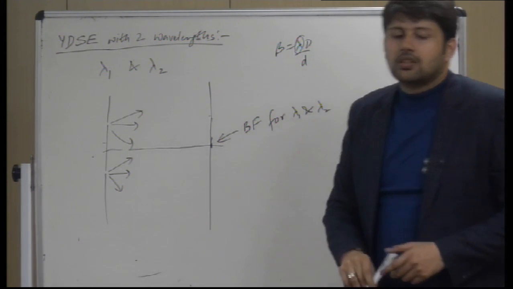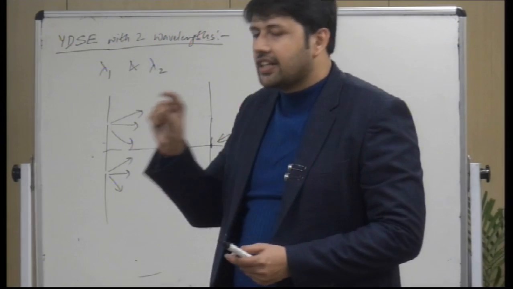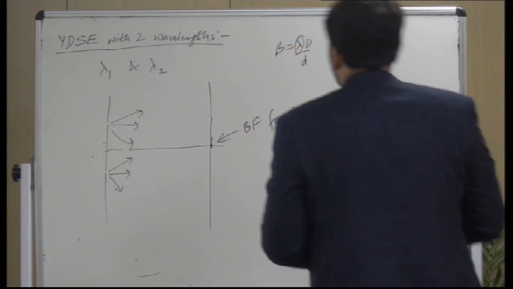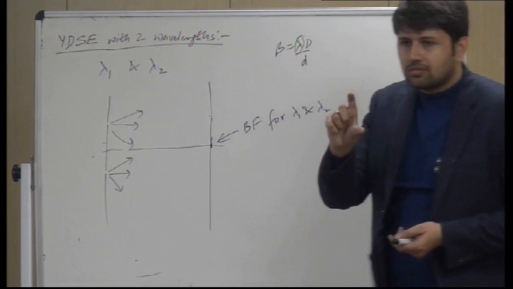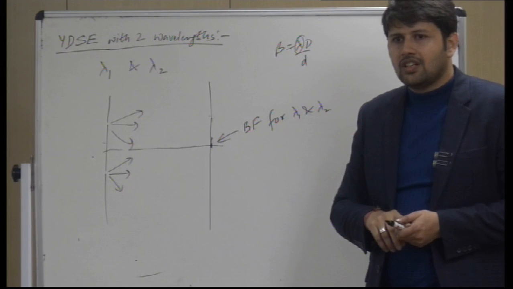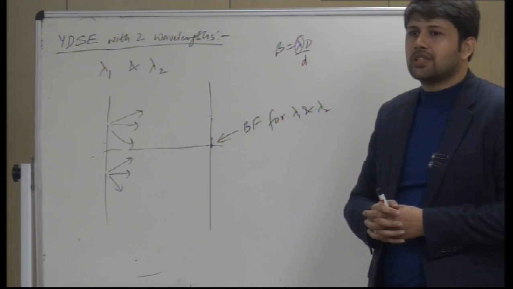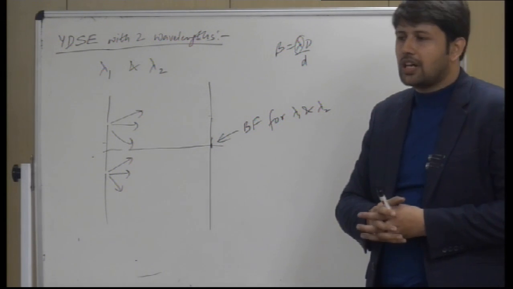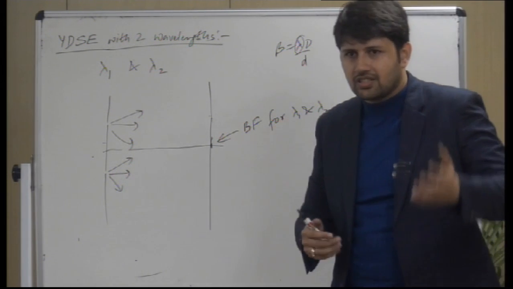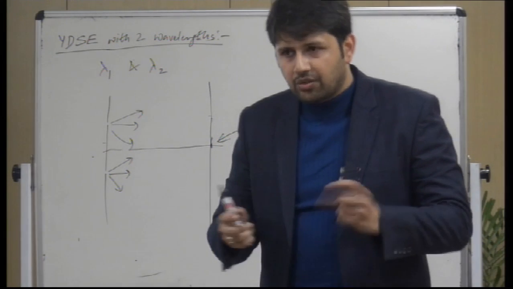So a bigger wavelength would have wider fringes and a smaller wavelength would have narrow fringes. By the time the first dark fringe of the bigger wavelength comes in, maybe three bright fringes of the narrow wavelength would have passed.